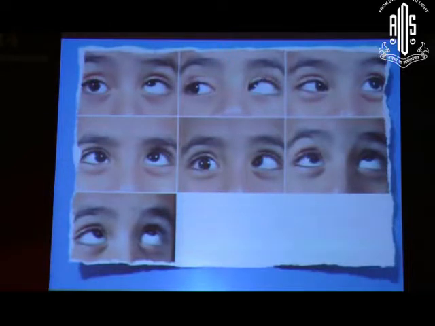Now here, when you look at it, it could be just a DVD, or it could be inferior oblique overaction, or it could be both. Correct?